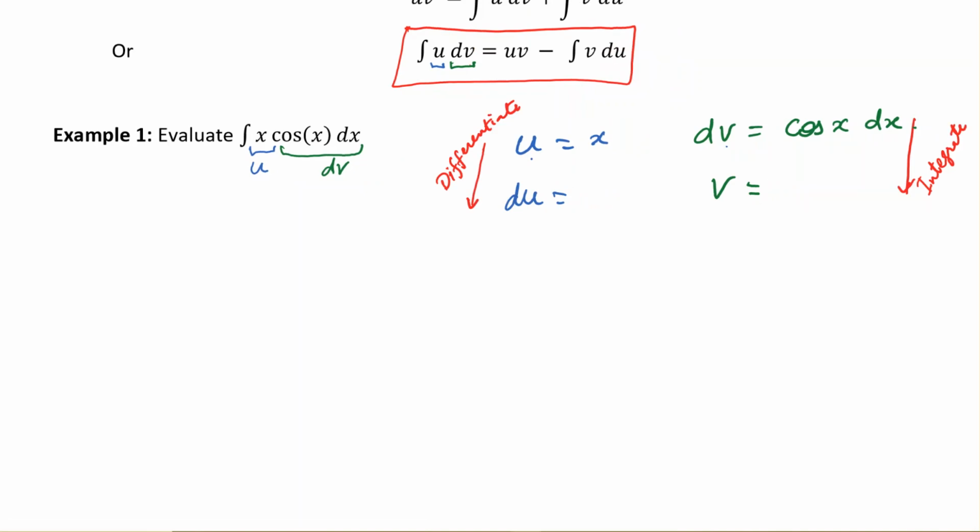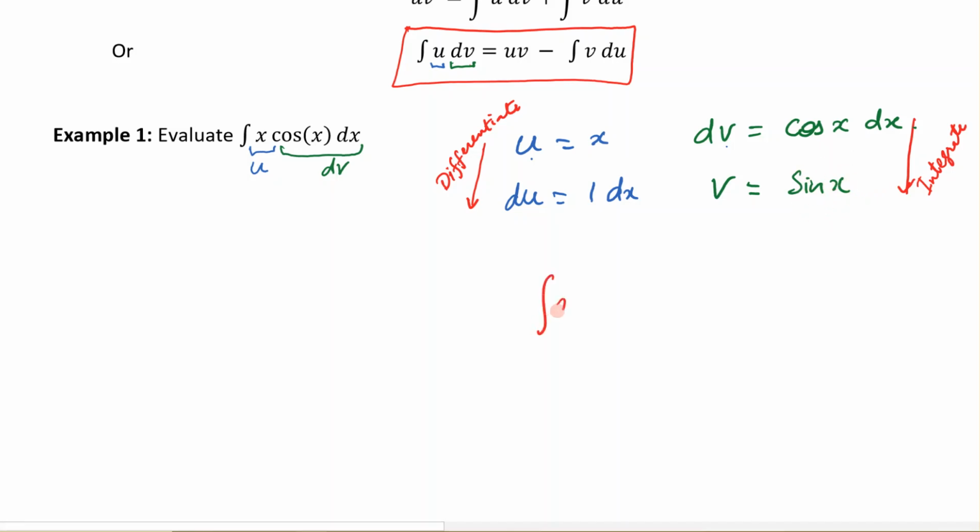To find du, we just take the derivative of x: the differential of x is 1 dx, so du equals dx. Similarly, to find v, we take the integral on both sides, and the integral of cosine x is equal to sine x. We don't put a plus c here because we're going to do that at the end of our example.